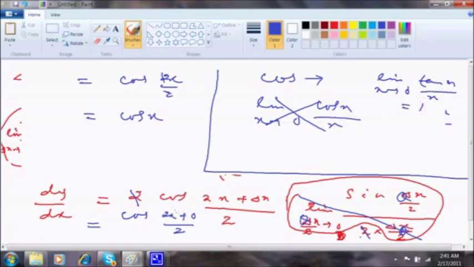So whenever there is a cos quantity, you can put directly the value: delta x tends to 0 means delta x is equal to 0 finally. Try to understand, finally. At the end only you should put it, otherwise it's mathematically something we shouldn't follow. Join me in the next discussion for some more discussions on first principles.